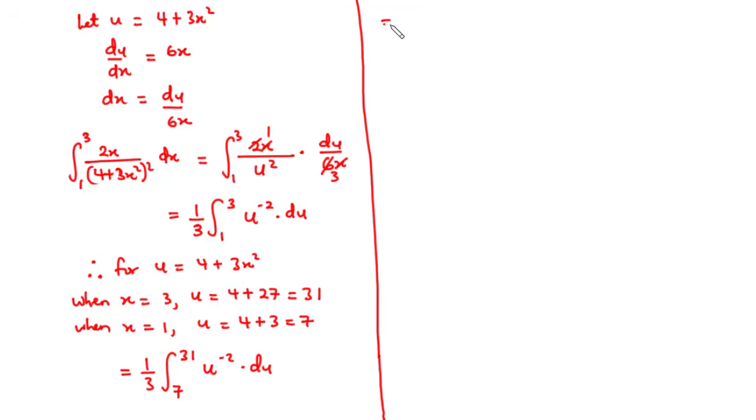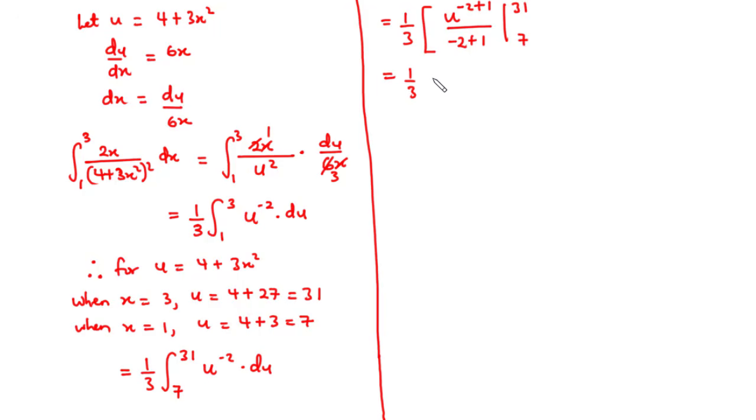So we are going to have 1 over 3, and then we integrate u to the power negative 2, so that becomes u to the power, basically we are going to increase the exponent by 1, and then we divide by the new exponent on u, so that is negative 2 plus 1. We have the upper limit 31, lower limit 7.